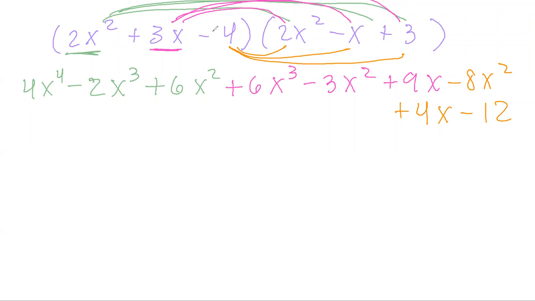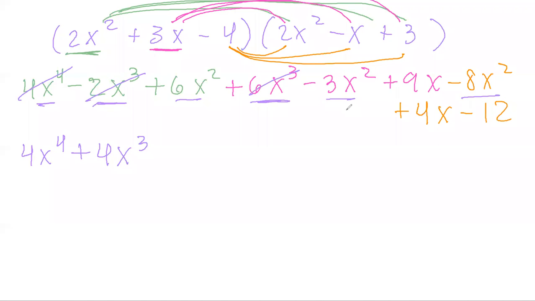So I'm going to combine like terms here. Starting with the x to the 4th, that drops down, or 4x to the 4th. And then I'm going to combine negative 2x cubed and a 6x cubed to get plus 4x cubed. 6 minus 3 minus 8. 6 minus 3 is 3.